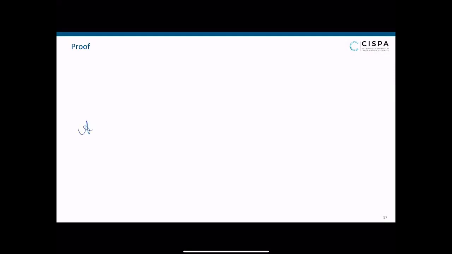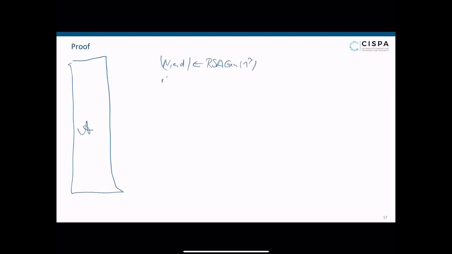So here we have our adversary A. And what does the challenger do? Well, the challenger generates N and E with RSA gen, the textbook RSA keygen, chooses a uniformly random R star in Z_N, and chooses a uniformly random bit B in 0, 1, or coin toss B.